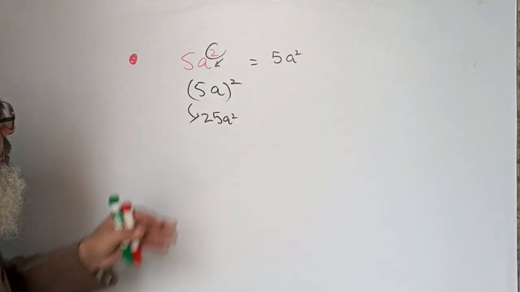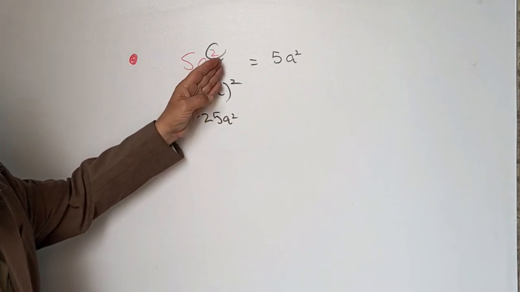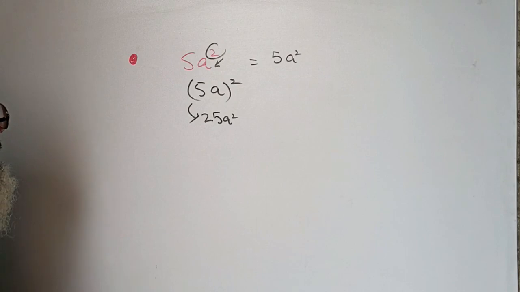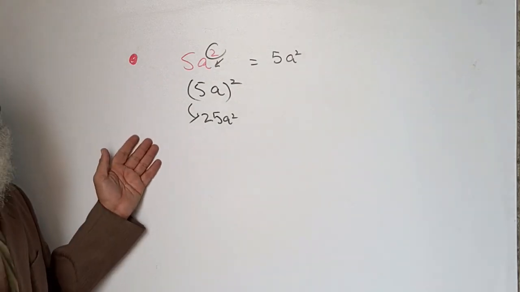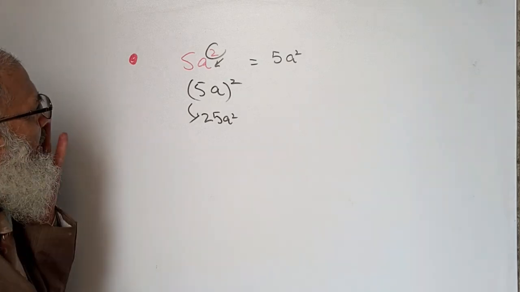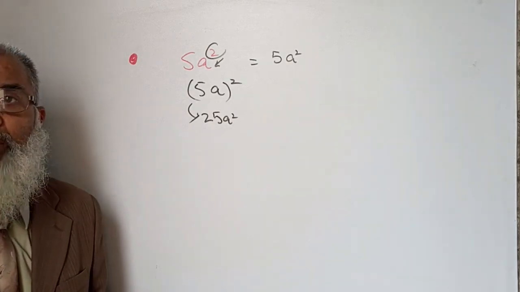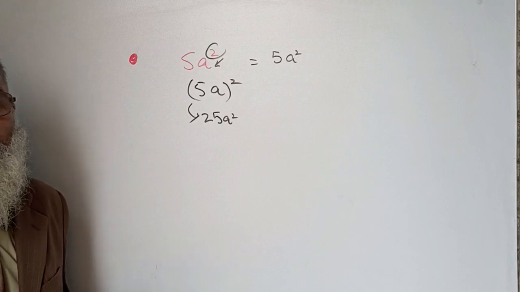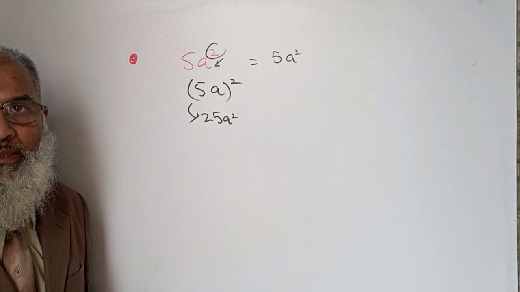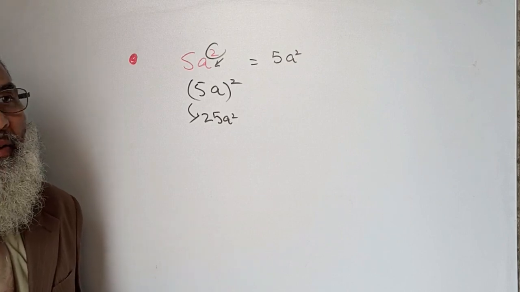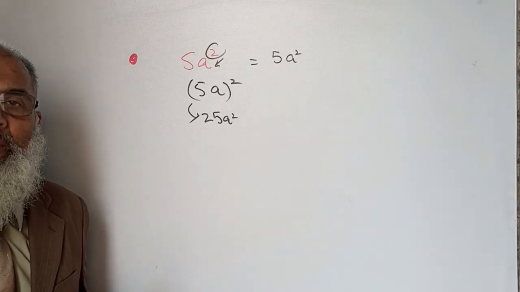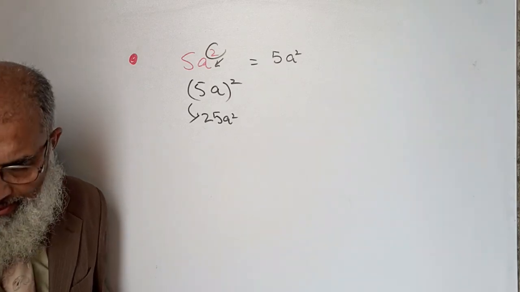So you have to be vigilant in solving such questions. These are the final rules of algebra. Students, these are some of the rules we have to apply in upcoming exercises, and as we proceed we will learn some more rules about algebra.